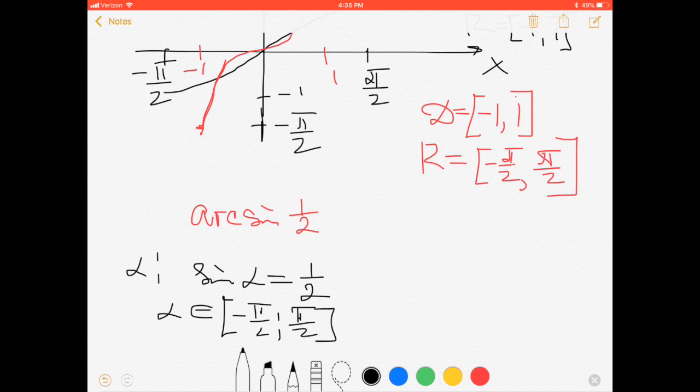How could you remember the table? Alpha will be π/6, right? This means arcsine of 1/2 is π/6.